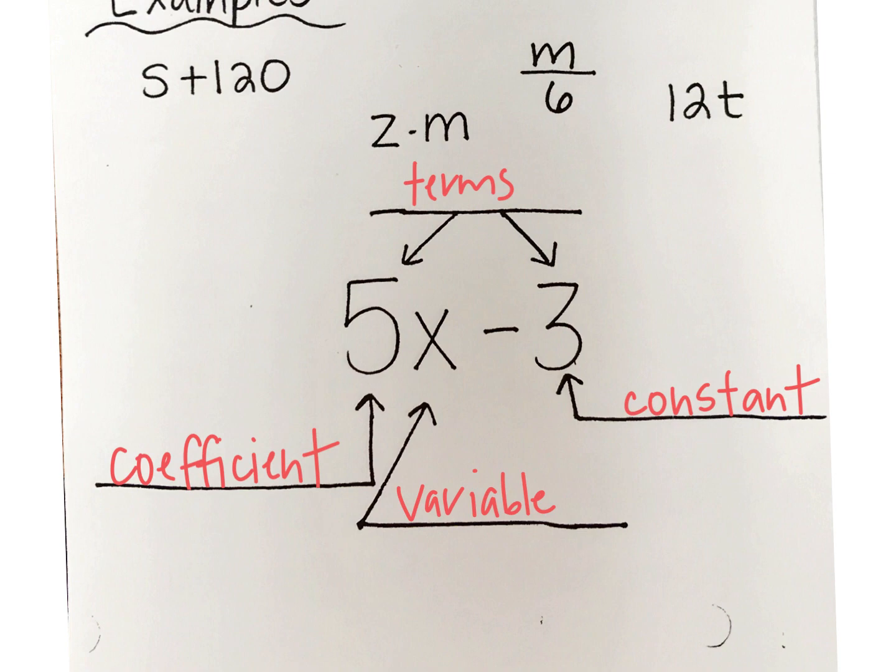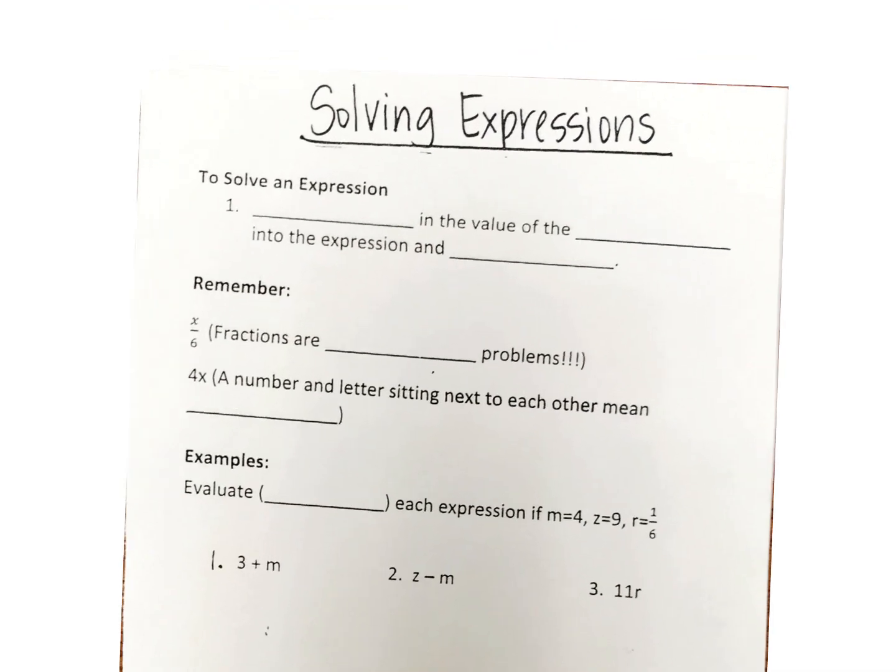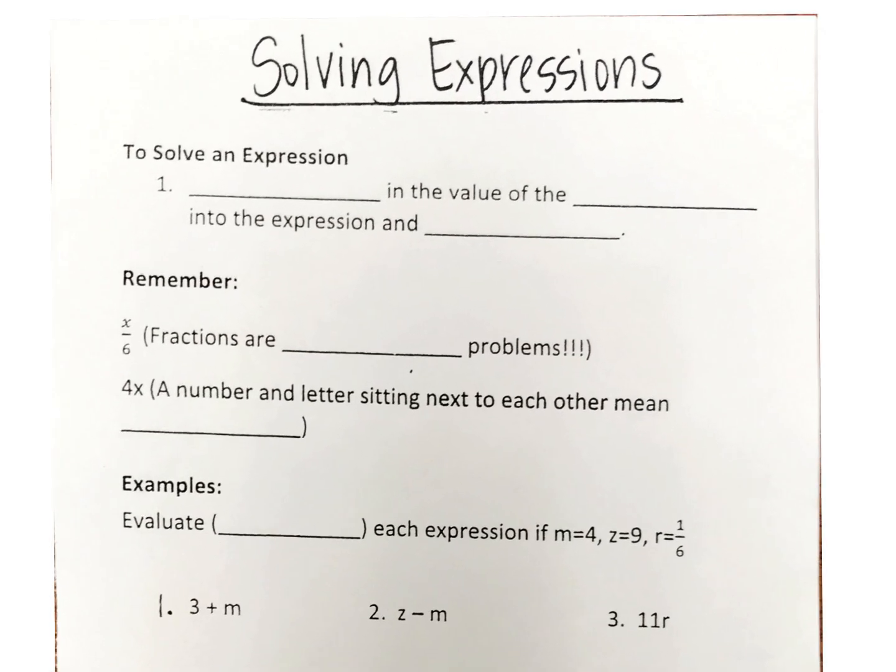Okay, on the next page, how do we solve expressions? To solve an expression, the very first thing that you have to do is plug in the value of the variable into the expression, and then you can solve it.